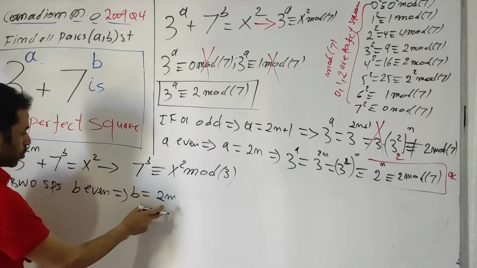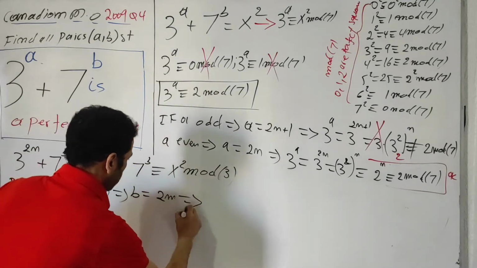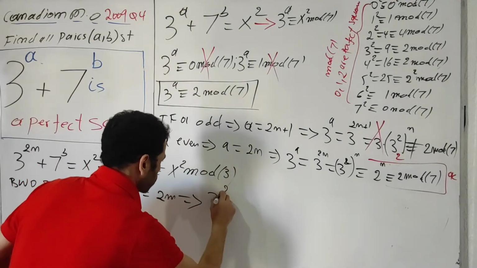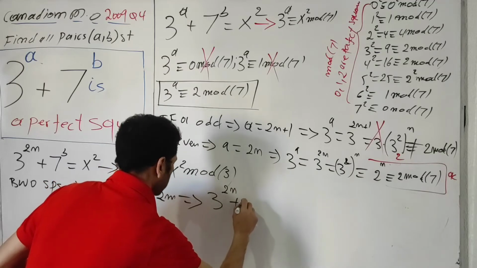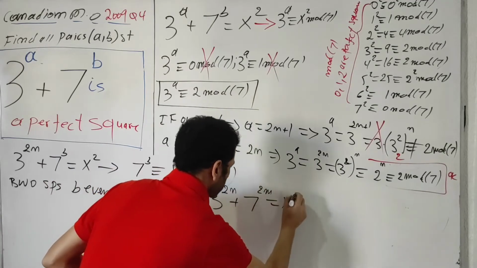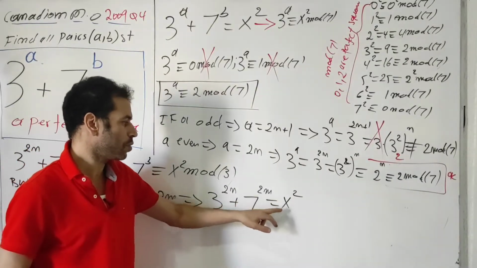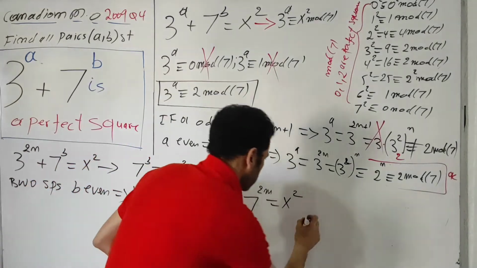Now I'm going to take this value and insert it into the original equation. I will have simply 3 to the 2n plus 7 to the 2m equals x squared. Now I'm going to take 7 to the 2m to the right hand side of this equation.